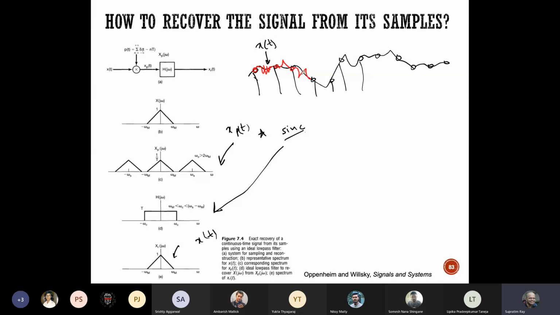Now the samples are still the same here. Then how can I possibly recover the signal? How can I find out what the signal was doing between the two samples? It could have been the black trace or it could have been the red trace. They both have the same values at the sampled points, correct?